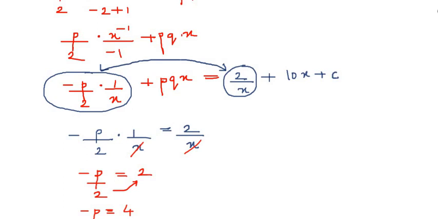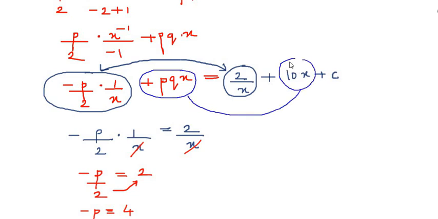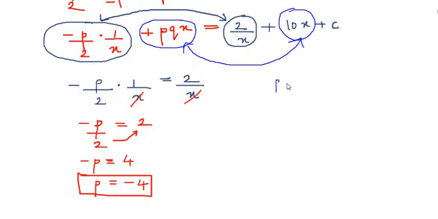Similarly, we are going to compare the x terms on both sides. You can see plus pqx is similar to 10x because they are both coefficients of x terms. So pqx is equal to 10x. Again x can be cancelled from both sides and we are left with pq equal to 10.